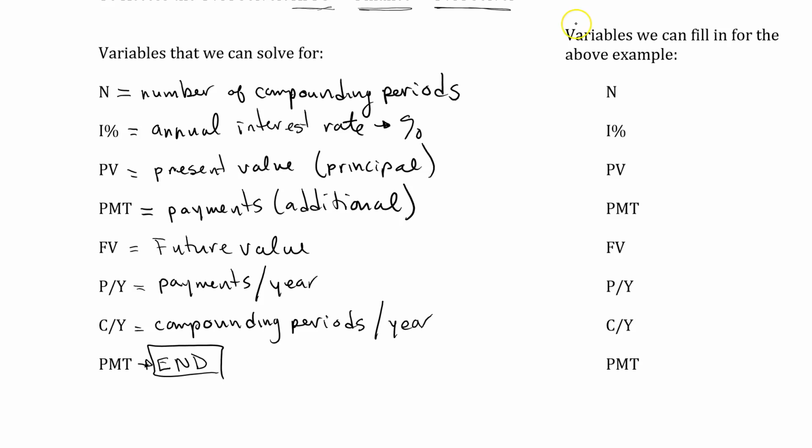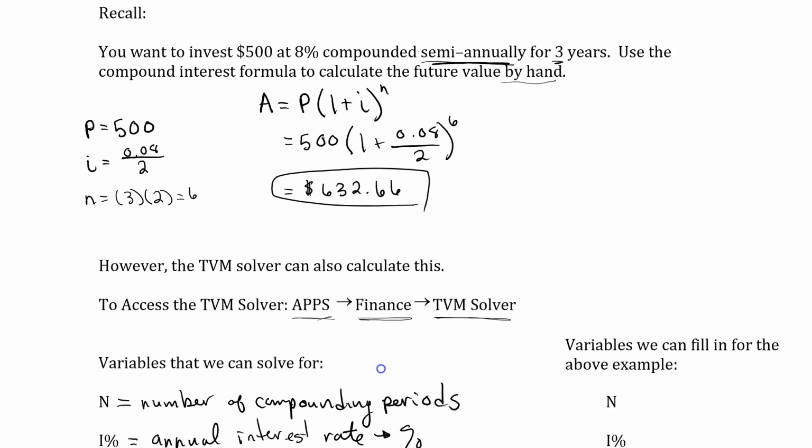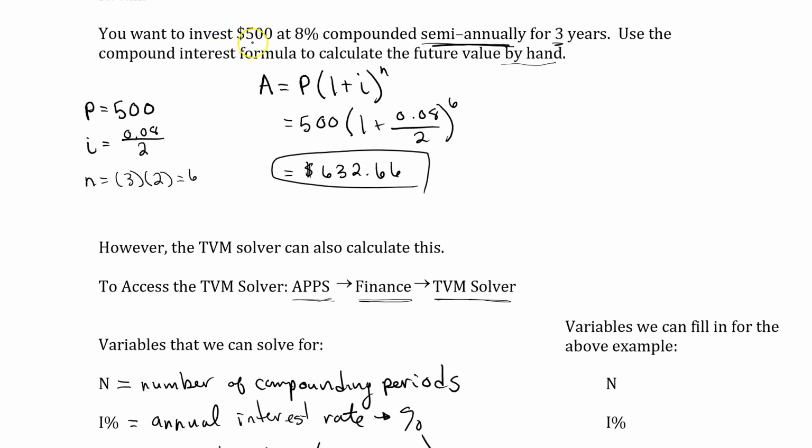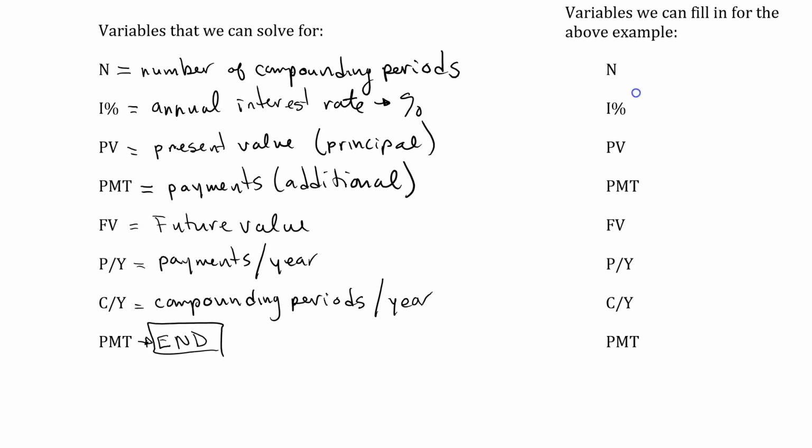All right, so let's use the example from above and fill in the variables. We want to invest $500 at 8% compounded semi-annually for 3 years. We want to be able to find the future value. So in order to indicate that we want to solve for the future value, we just put a little FV right here.